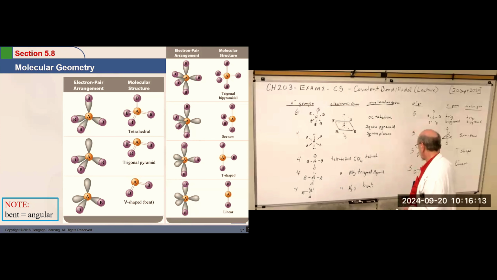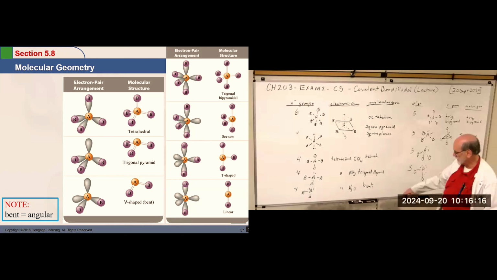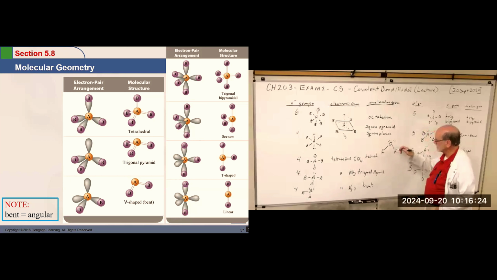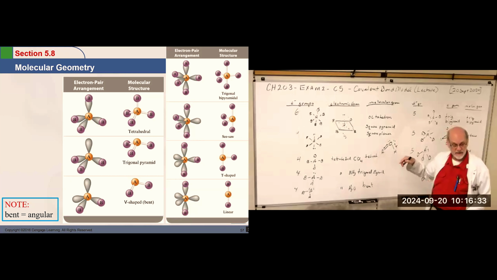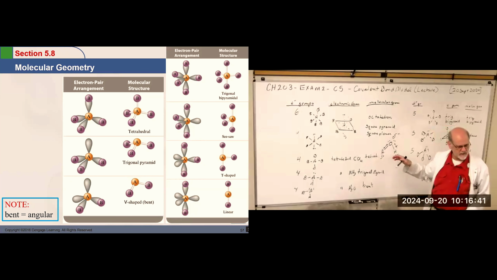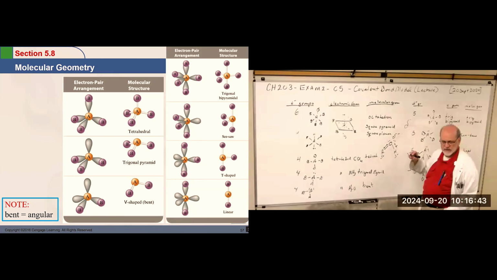But if we have something like water that's bent, oxygen is more electronegative than hydrogen, and we get the electrons moving that way, plus these lone pairs, then you get a huge negative side and a difference with positive sides. I use that little Greek delta.